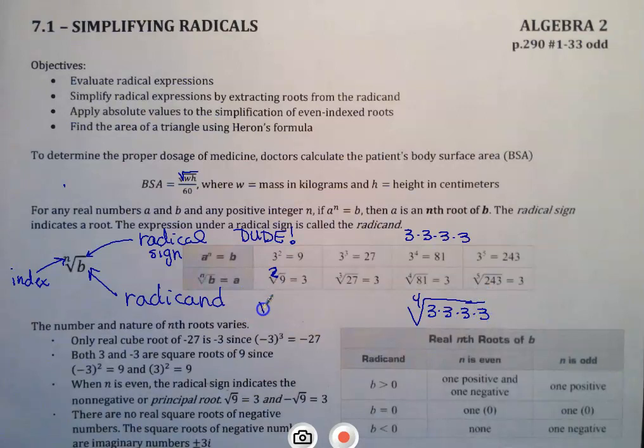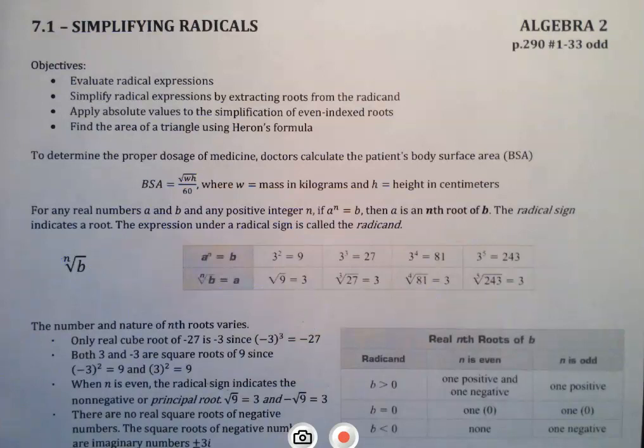Before, with the square root, when there were 2 of them, we could pull them out. Well, that always depends on what number the index is. So here there's 4 3s, so we can pull that out, and our answer is 3.